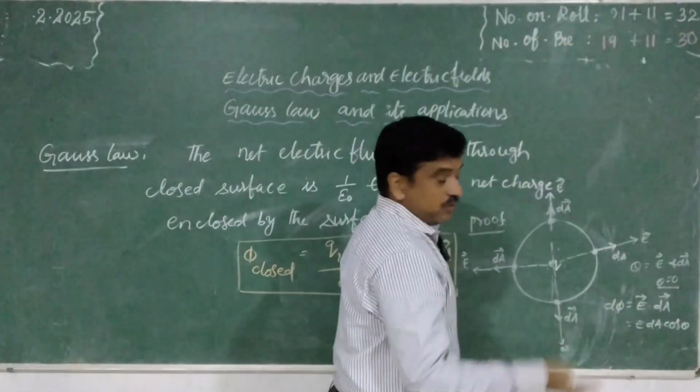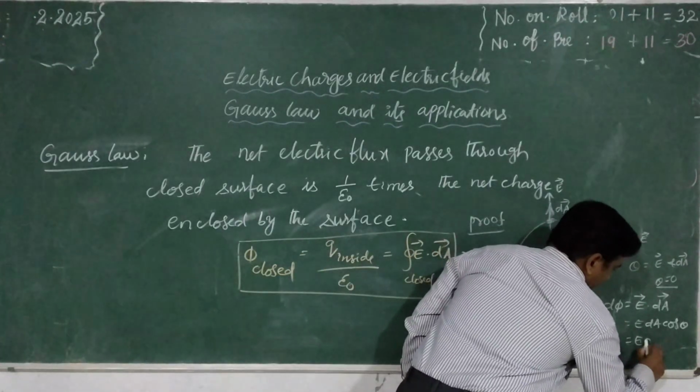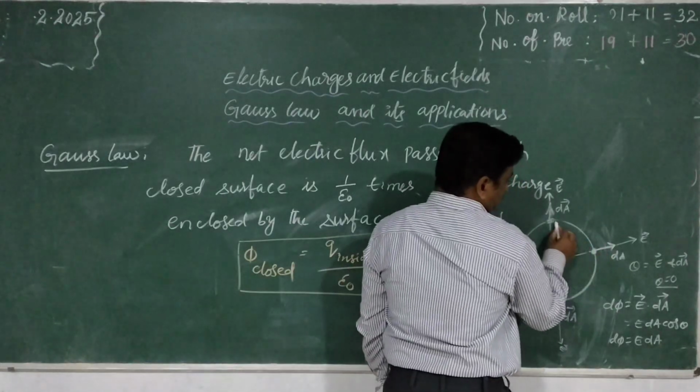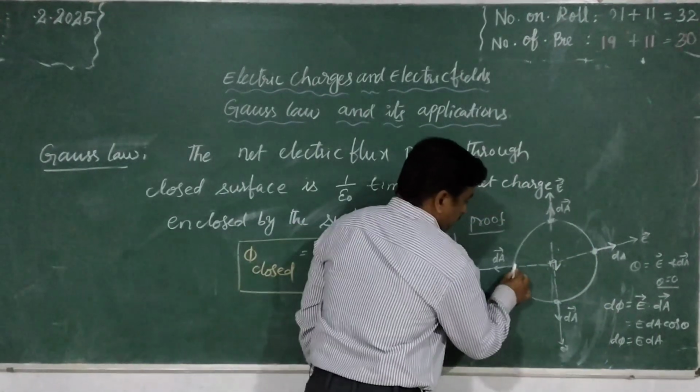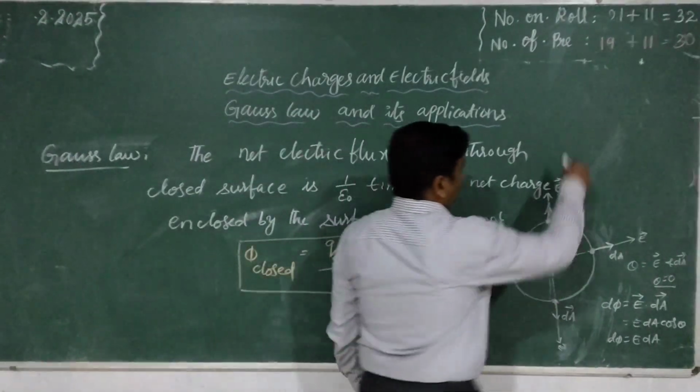Both are in the same line, so theta is 0, and cos 0 is 1. So E dA is the electric flux through this small area. Similarly for this one, E dA, and this one, E dA, and there are infinitely many such areas.